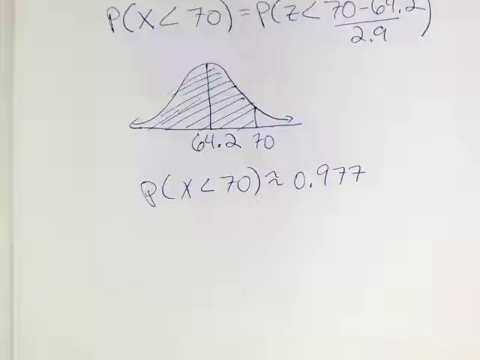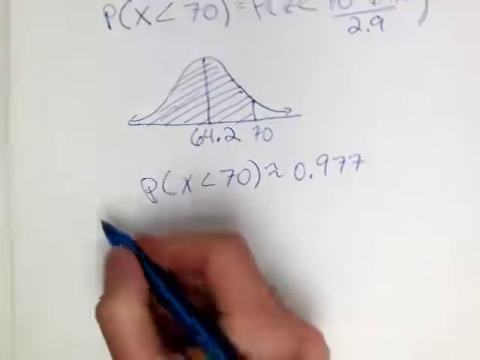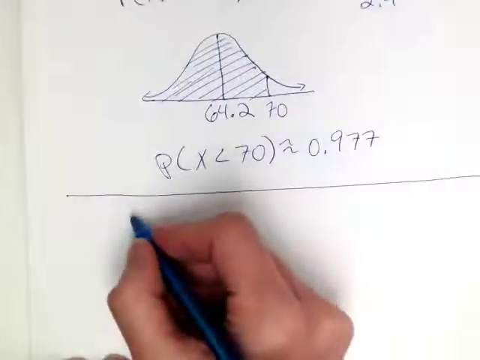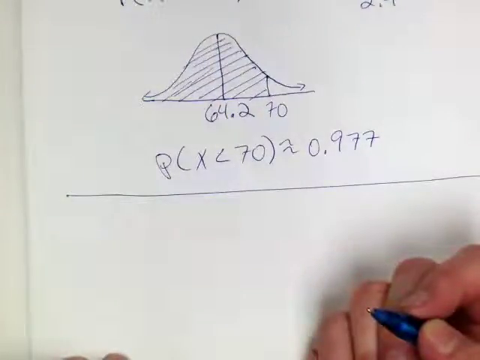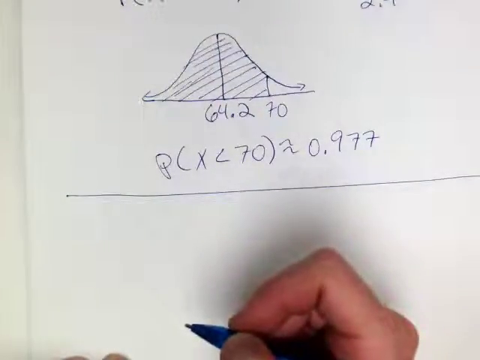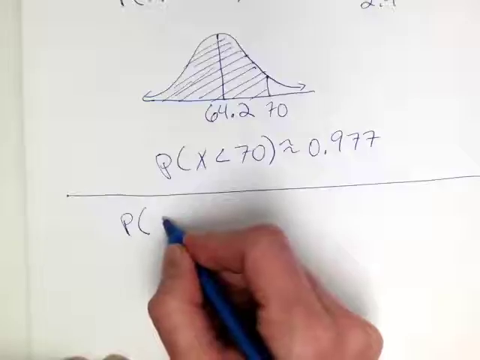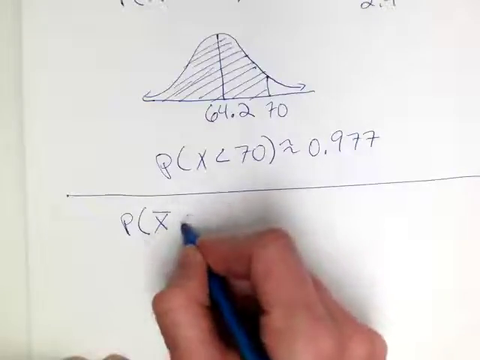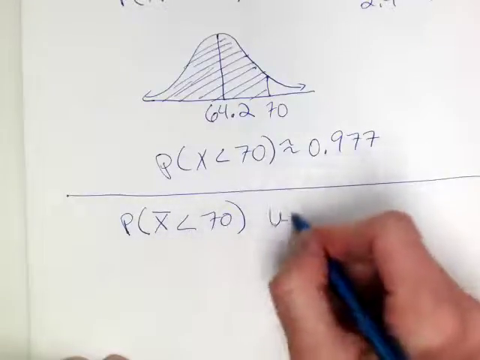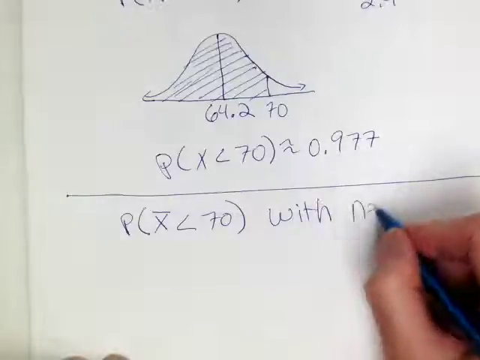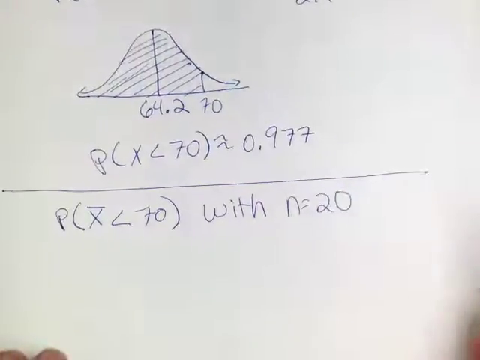All right, the second part is how likely is it to select a sample of 20 women with a mean height less than 70 inches? So that's where the central limit theorem applies. We're asked to find a probability corresponding to a sample mean. So we're asking, what's the probability x bar is less than 70, with our sample size being 20.